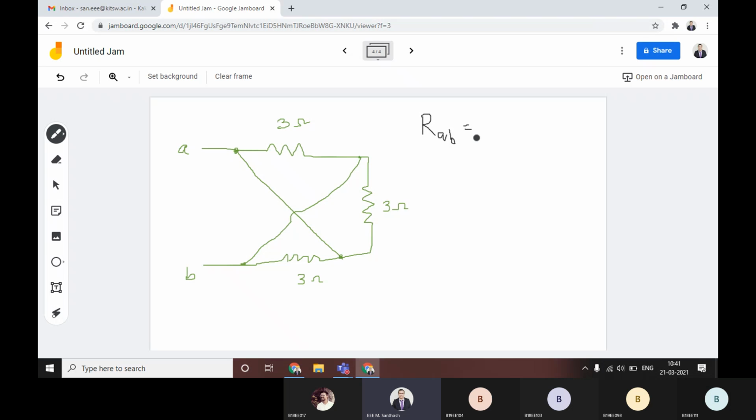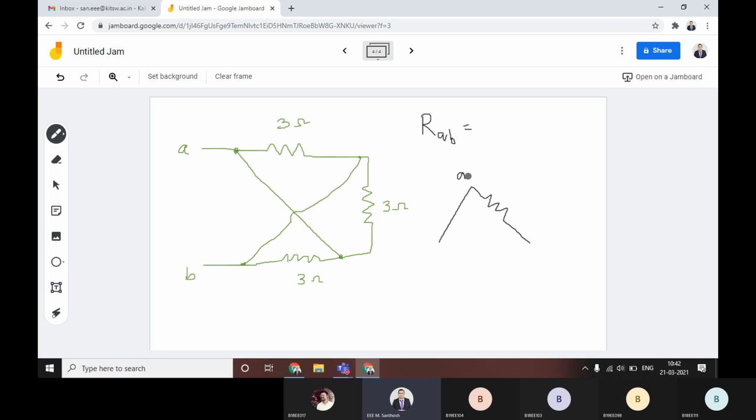If you redraw this circuit, it is very simple. This is a parallel combination of 3 ohm resistors. Let me show. Suppose this is A, we are telling this is B, right? Another one is CD. Then the circuit, if you redraw it, will be like this.